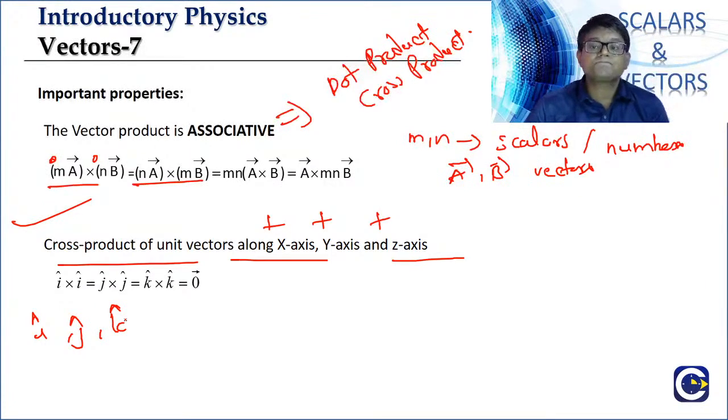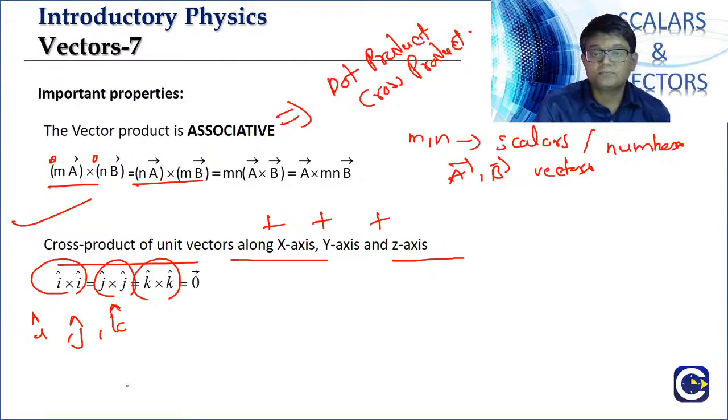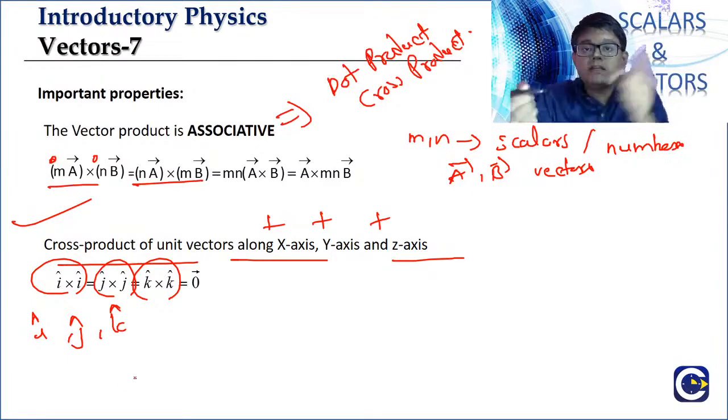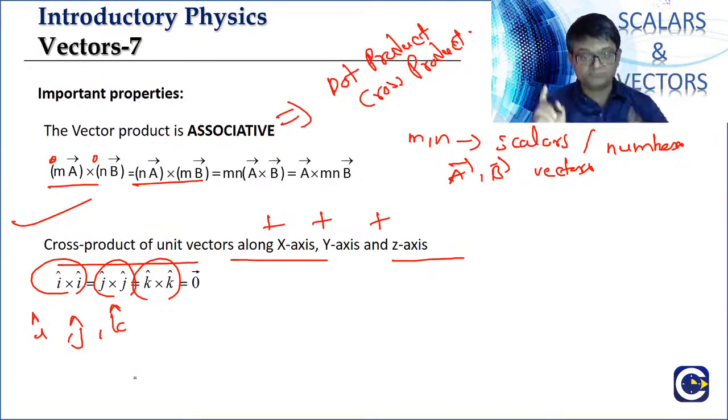First is the cross product of i cap with itself, j cap with itself, k cap with itself. That is, i cross i, j cross j, or k cross k. Second is the cross product between them.